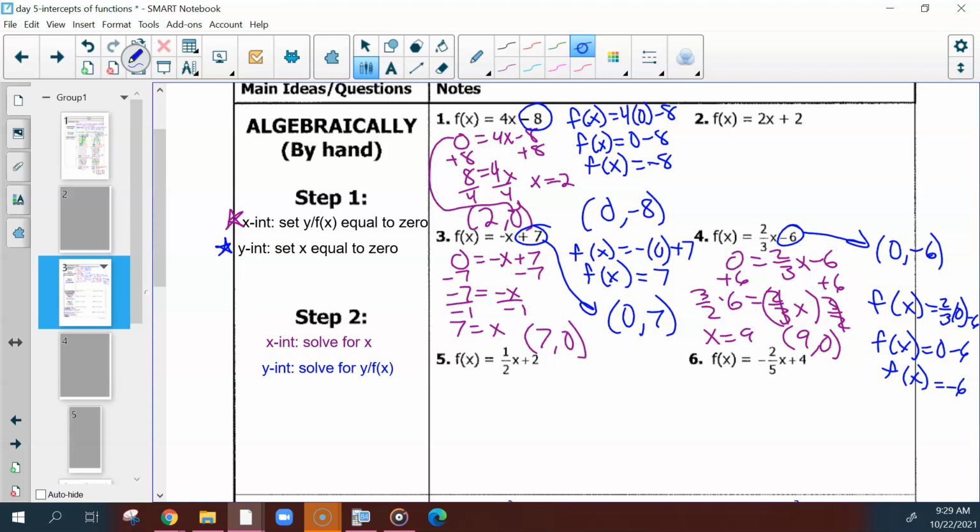The format would be y equals mx plus b, and we'll get more into that when we talk about slope. Okay, any other questions on that one?